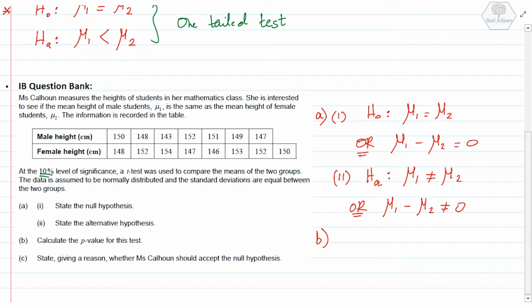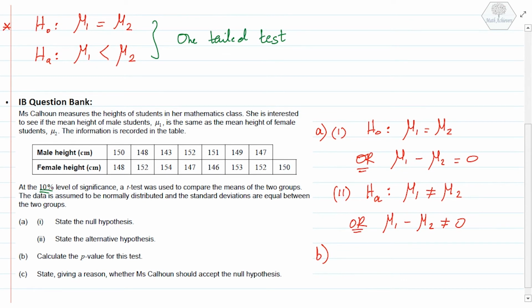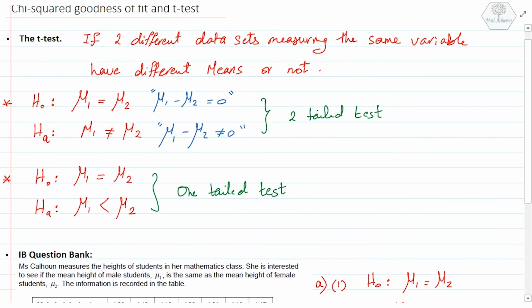The p-value also has the same rule as the chi-squared goodness of fit test. The p-value, I will write it in here in blue again. We have to compare the p-value with the significance level.